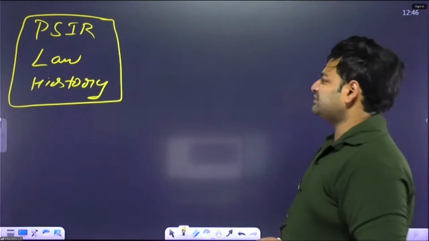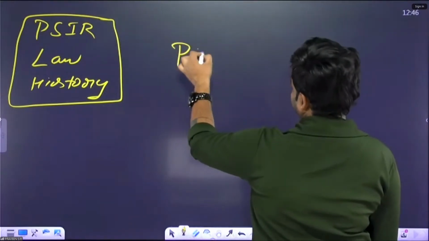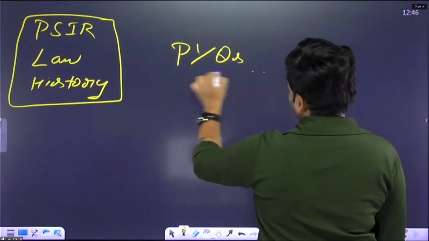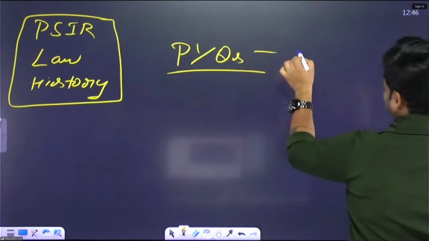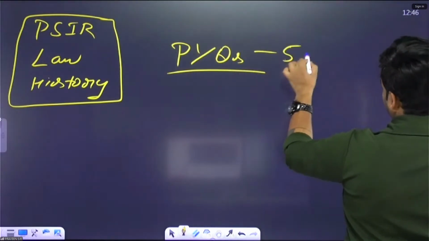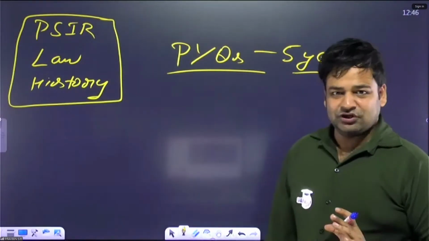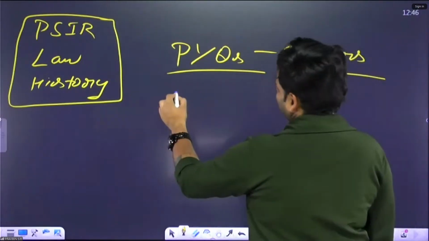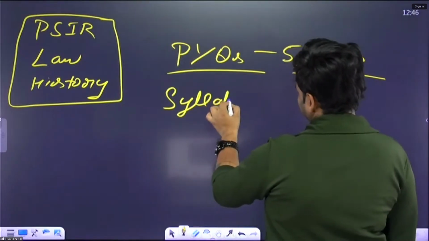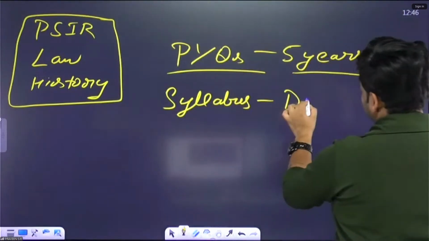What you need to do is firstly go through the PYQs. Previous year questions, at least minimum, I will say, 5 years of question papers, okay, and then also go through the syllabus, the detailed syllabus.